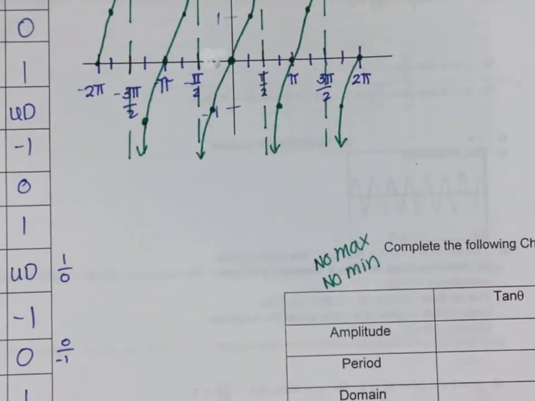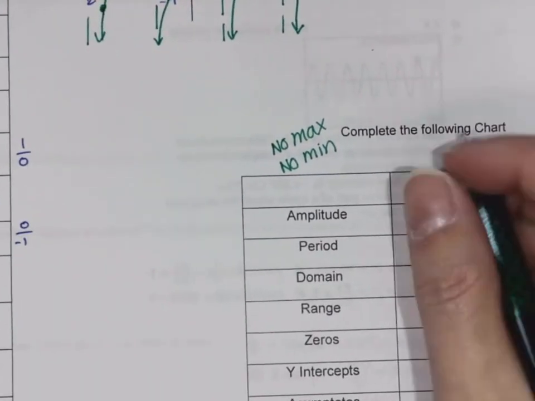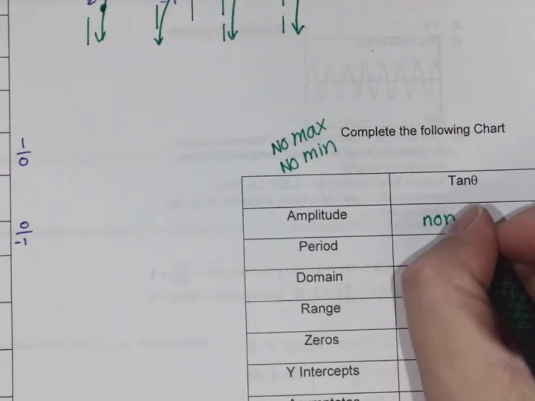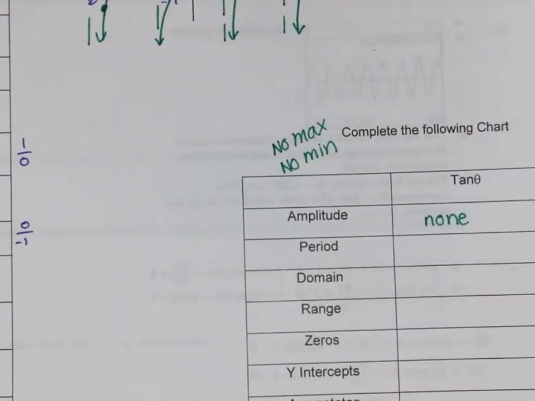No. Because there is no maximum height of the graph, there's no median to measure it from. Couldn't you just say it's infinite height? I guess you could say that the maximum is infinity and the minimum is negative infinity. You could say that, but you still don't have an amplitude because you're not hitting a point. There's no top. There's no maximum.